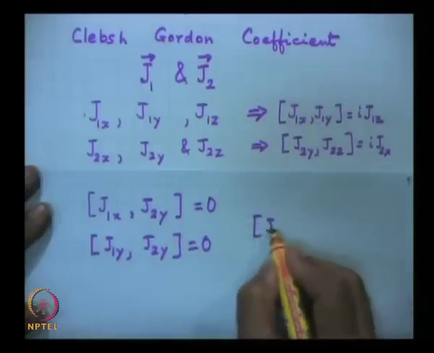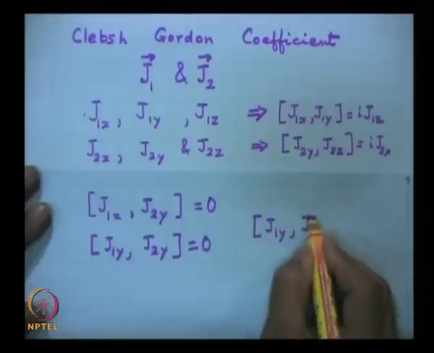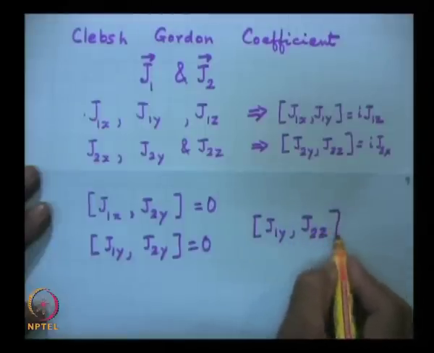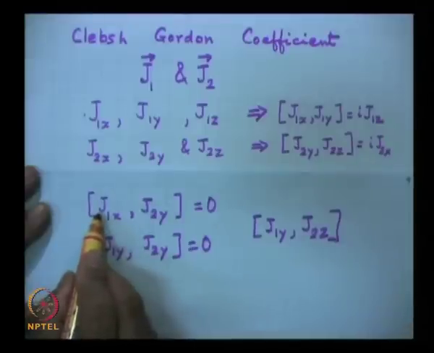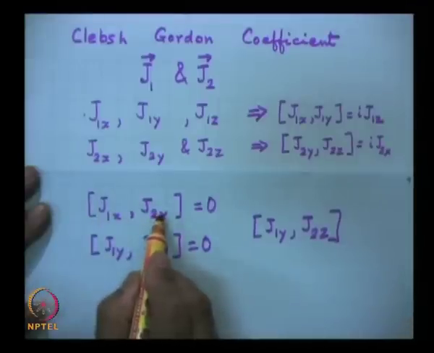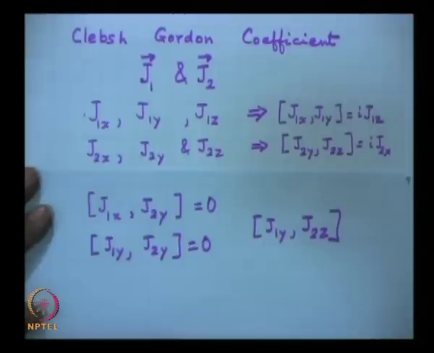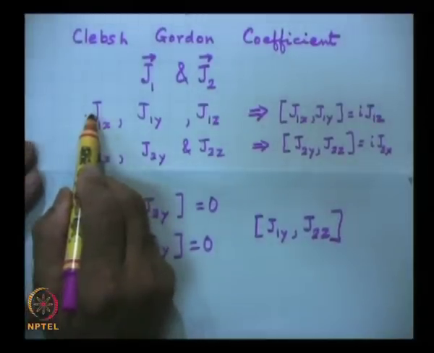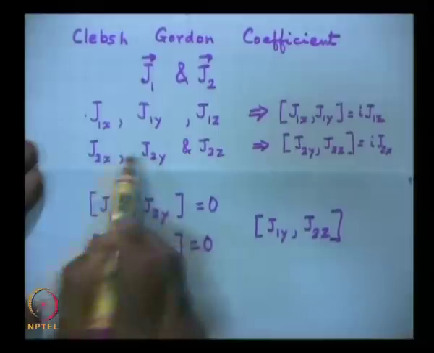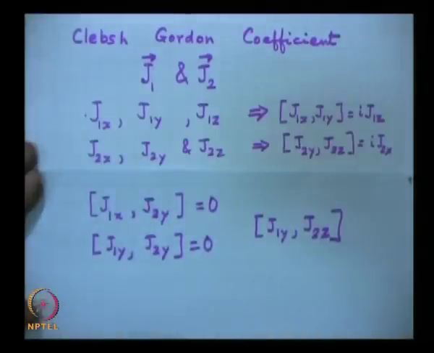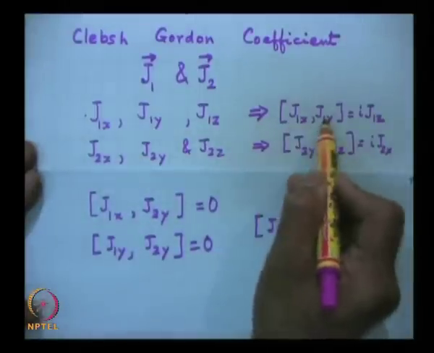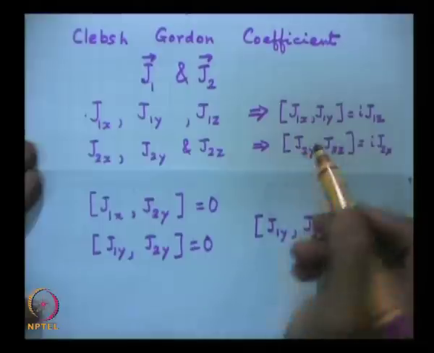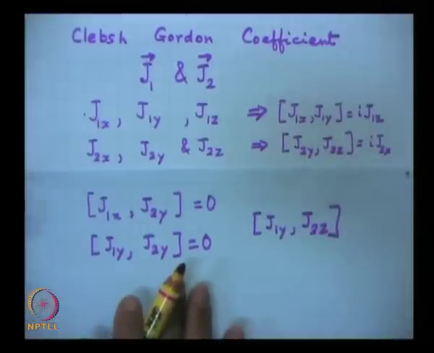J1y commutes with J2z. Any component of J1 will commute with any of the components of J2. But of course, J1 itself has to satisfy this commutation relation.